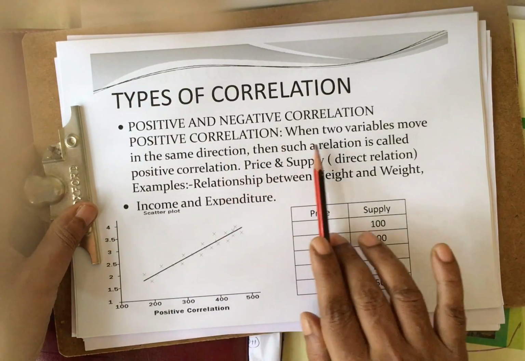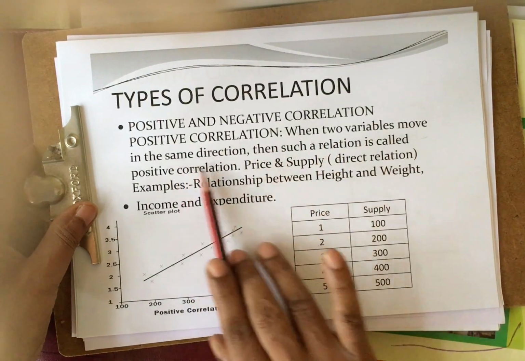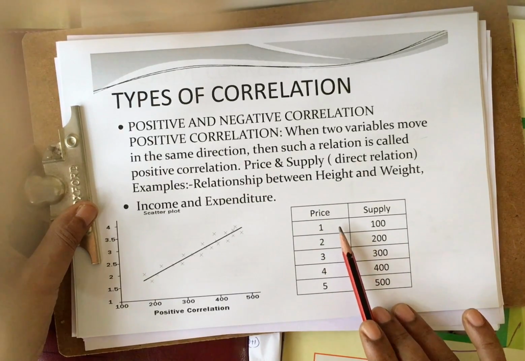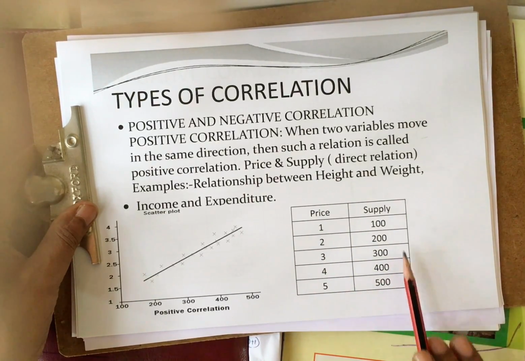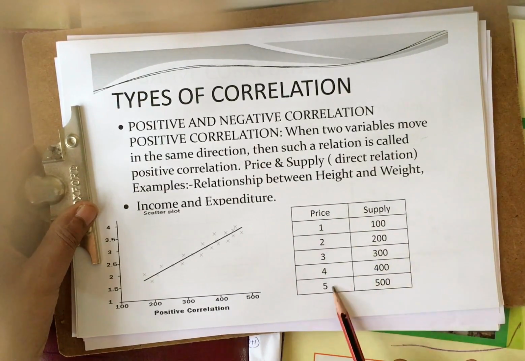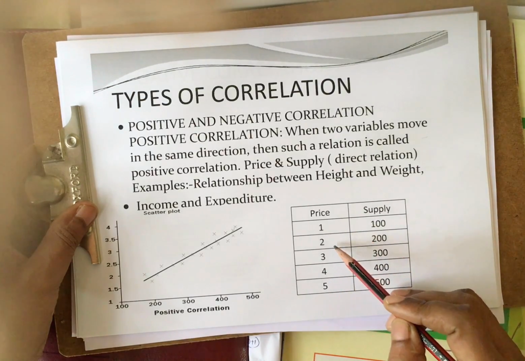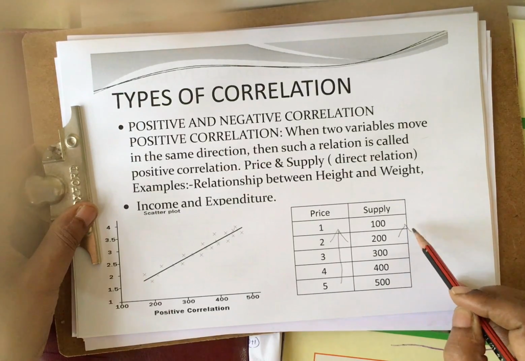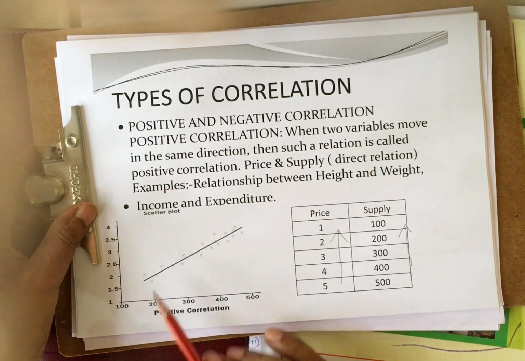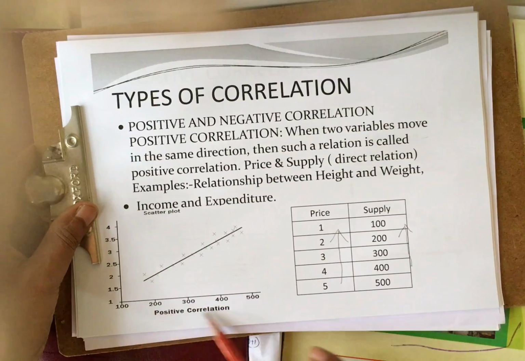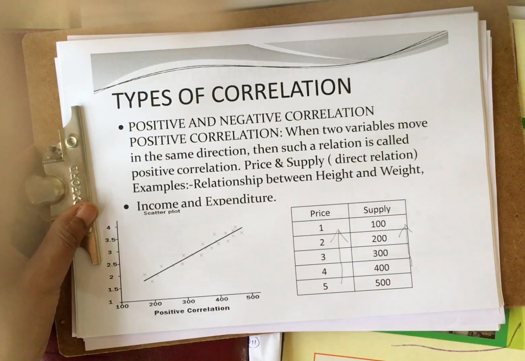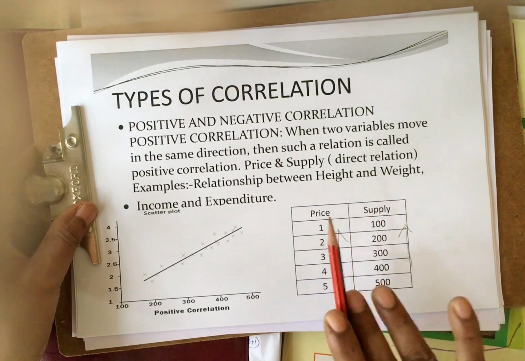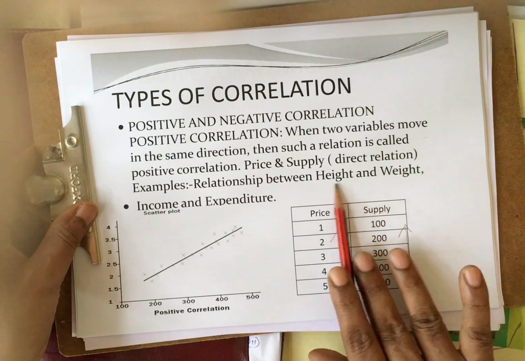The positive correlation is when two variables move in the same direction. Same direction in the sense price is increasing, supply also increases. This is increasing, this also increases, and the curve also goes upward. Another example is the relation between the height and weight of a person; the weight of a person depends upon the height of a person.